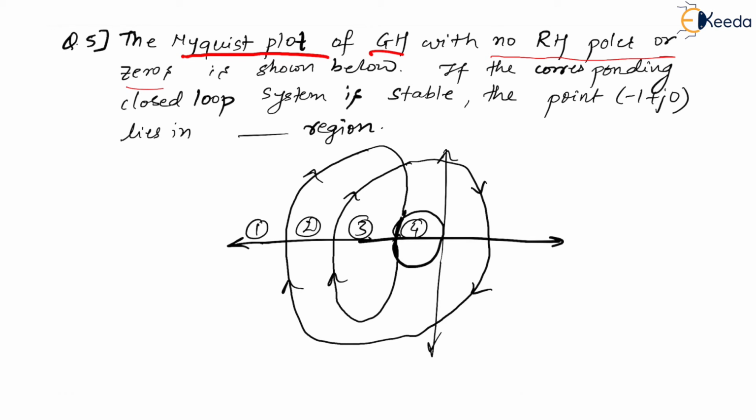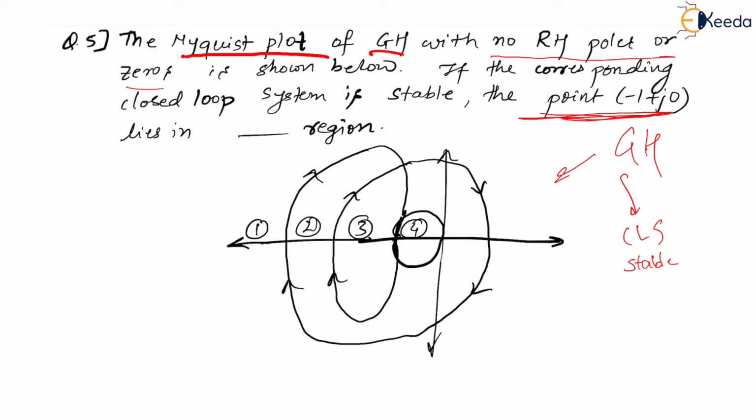They are saying that this is the plot for GH, right? Definitely this has to be for the same GH only. They are asking: if the corresponding closed loop system is stable, then where will this point minus 1 plus j0 lie?